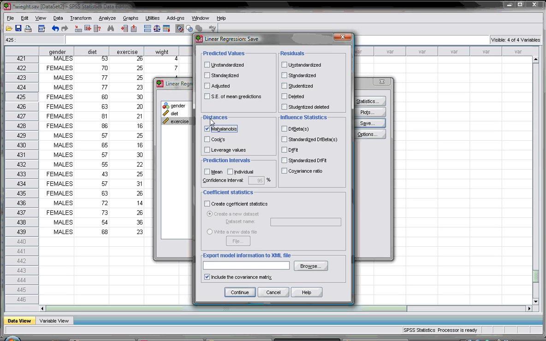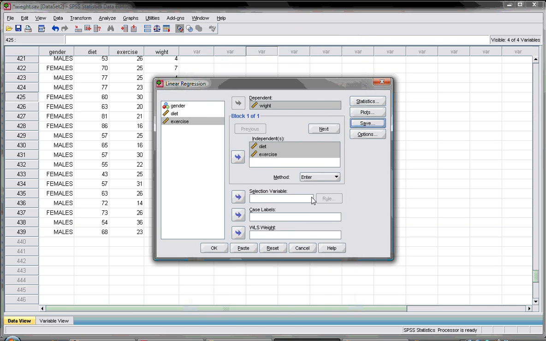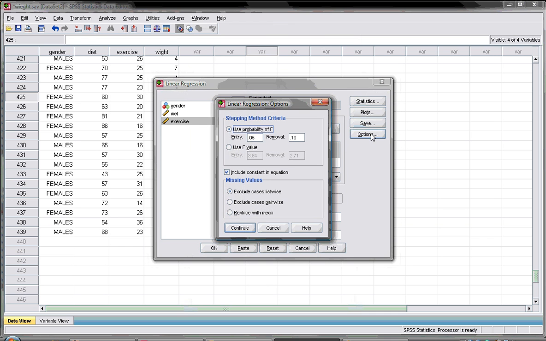Also, you may save a couple of data not in your output but in your data itself, including the residual, the standardized one, and the predicted value. In options, you want to check whether you want to remove each subject that has a missing variable, or only if all the variables in that subject are missing.